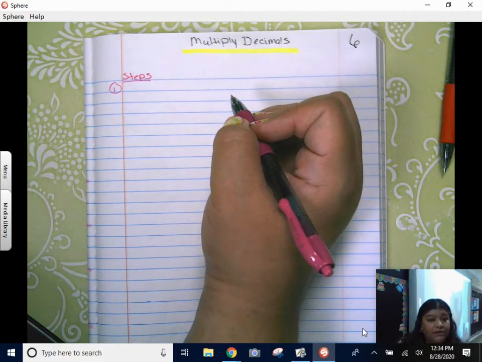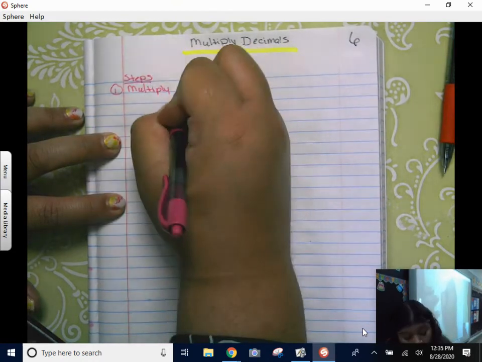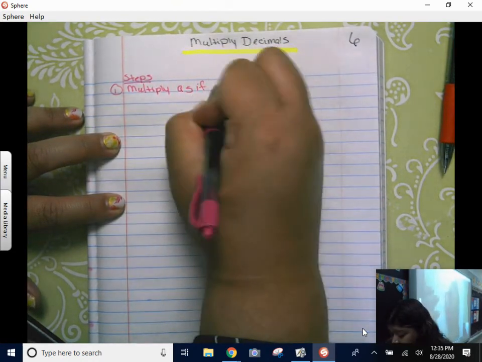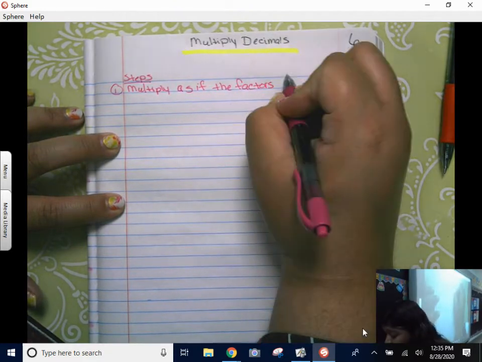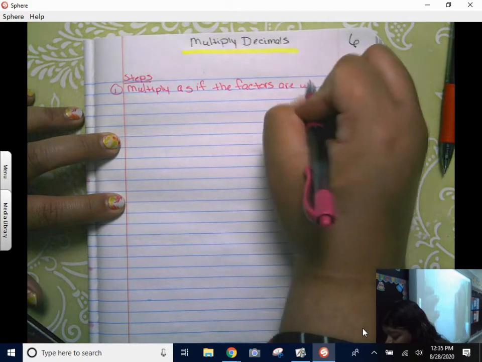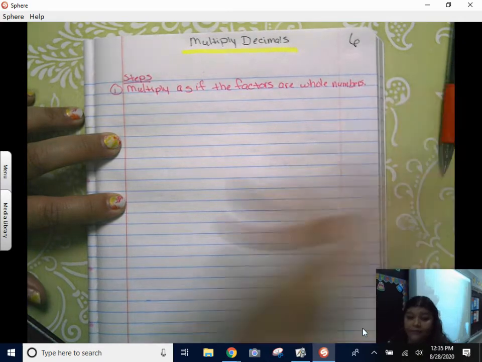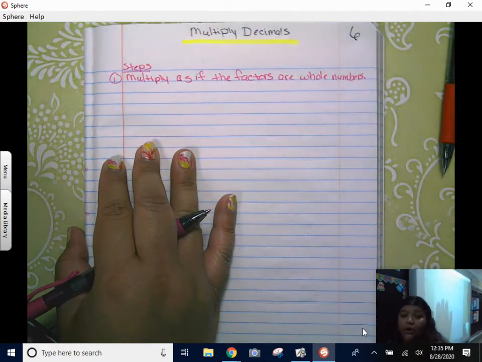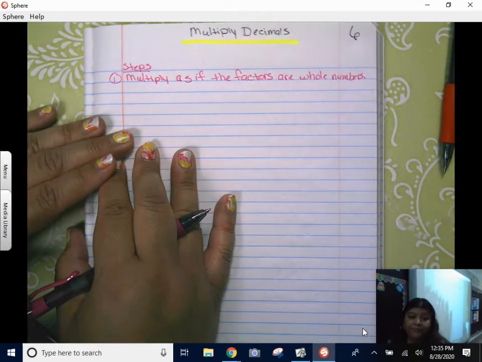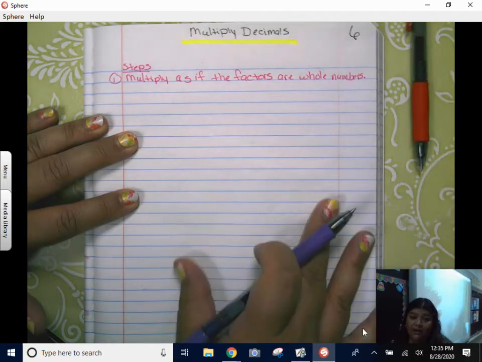Okay, so the first step, multiply as if the factors are whole numbers. Okay, that's step 1. And always double check your multiplication, okay?